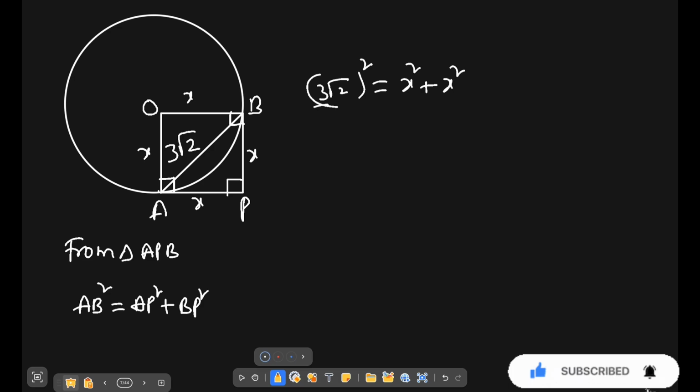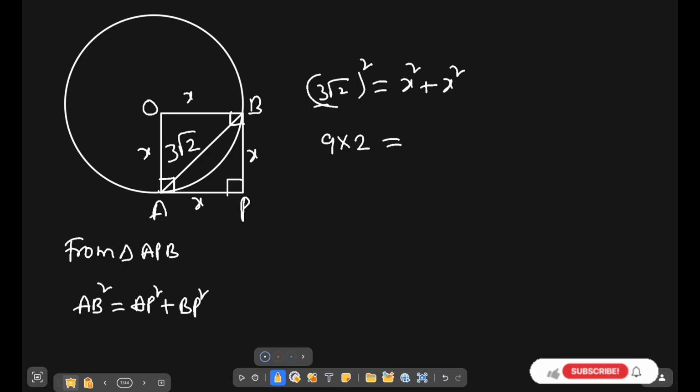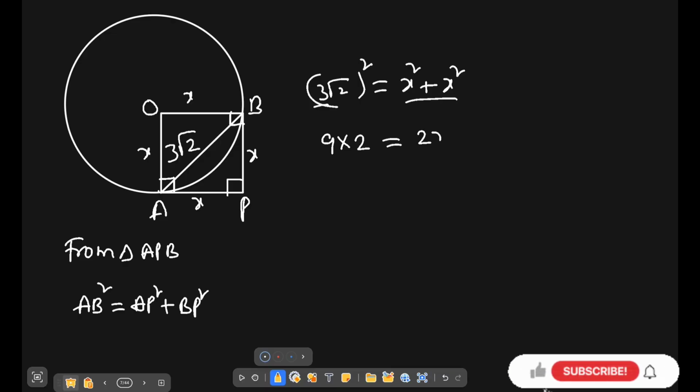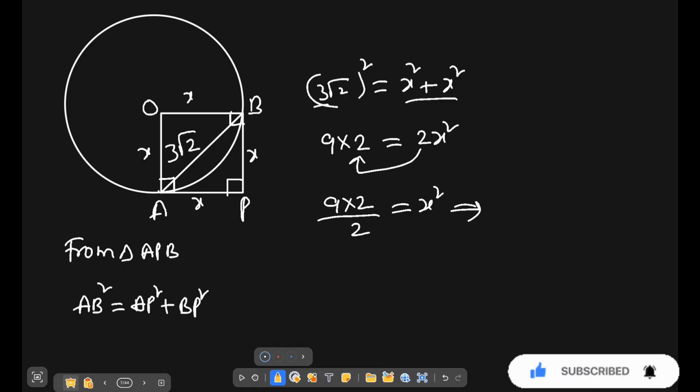Now 3 squared is 9 and root 2 whole squared is 2. So 9 into 2 equals x squared plus x squared, which is 2x squared. Bring this to the left side: 9 into 2 by 2 is equal to x squared. The 2s cancel, so x squared is equal to 9.